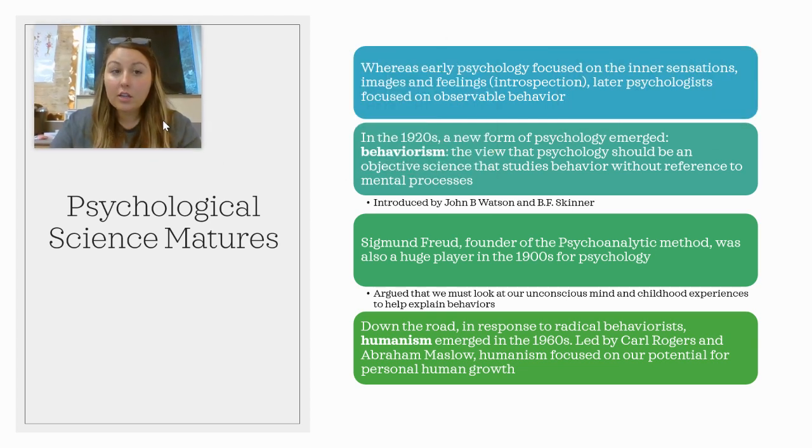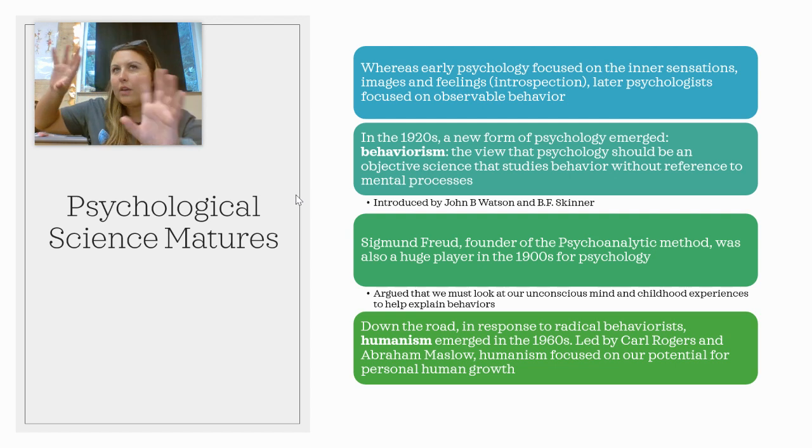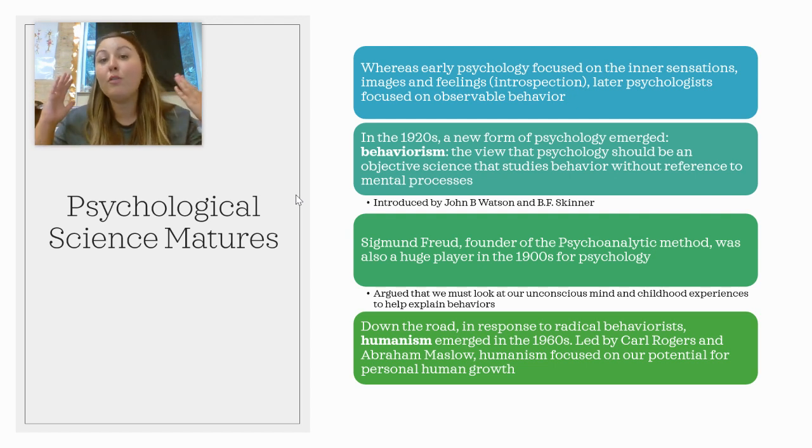Okay, so psychological science matures. We're moving away from the structures of the mind and the functions of the mind. And in the 1920s comes behaviorism, a field of psychology that only wanted to focus on observable behaviors: what we could actually observe and take data on, rather than intangible things like the structures of the mind.